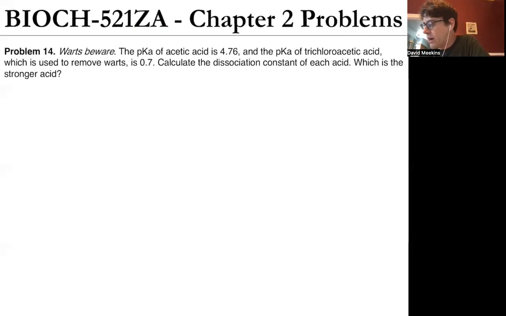So, warts beware. The pKa of acetic acid is 4.6, and the pKa of trichloroacetic acid, which is used to remove warts, is 0.7. So it's a much lower pKa. Calculate the dissociation constant, Ka, of each acid.